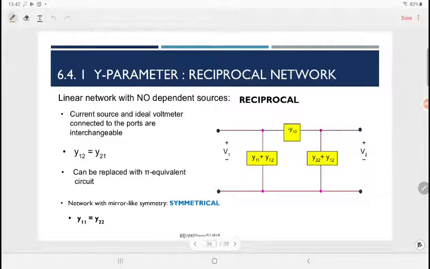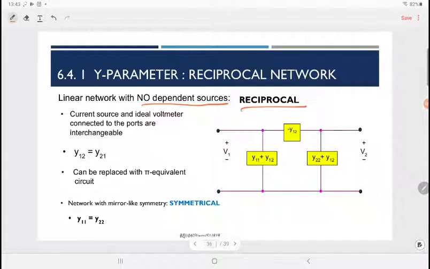Similar with the Z parameter, Y parameter also has a reciprocal network. When I say reciprocal network, always remember that a reciprocal network contains no dependent sources, right? Therefore, the current source and ideal voltmeter connected to the port are interchangeable.